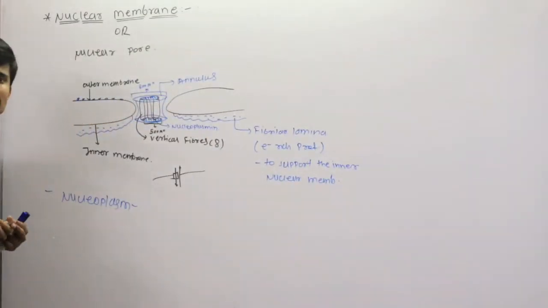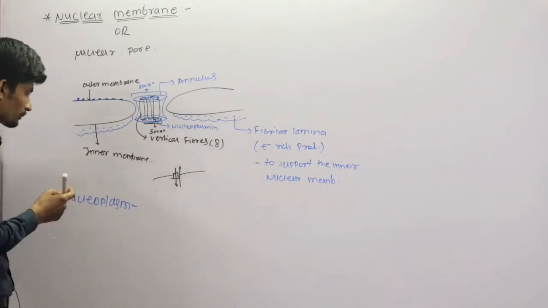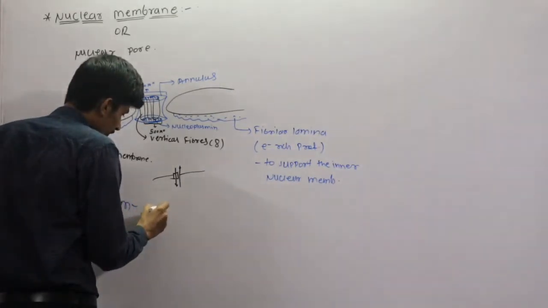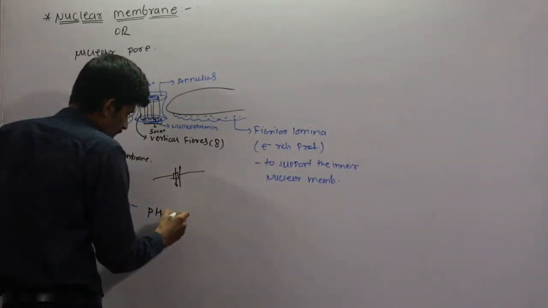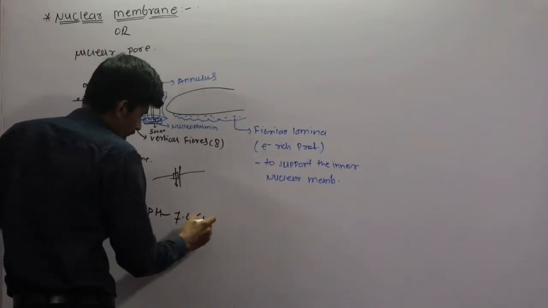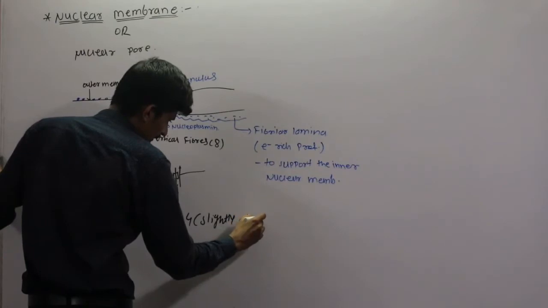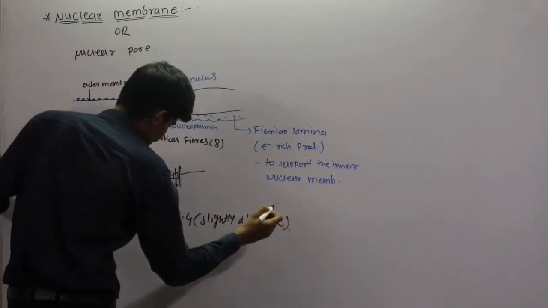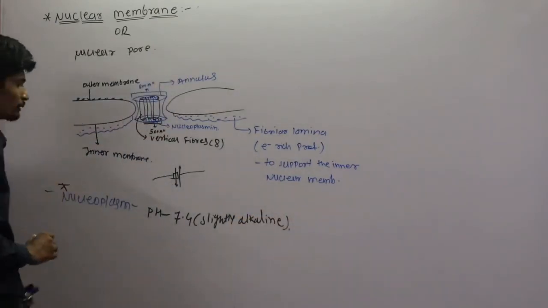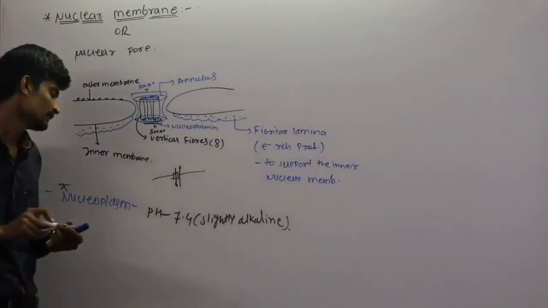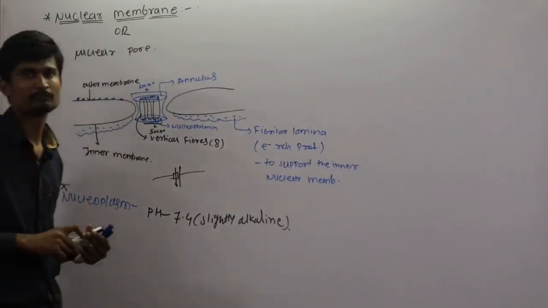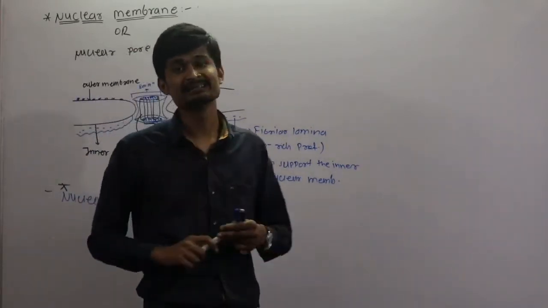The pH of the nucleoplasm is 7.4, means it is slightly alkaline in nature. This is another piece of information about the nucleoplasm.